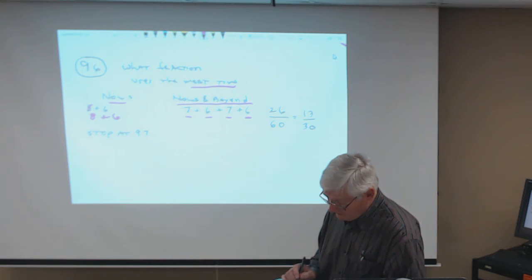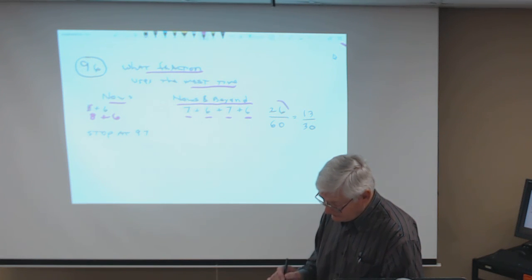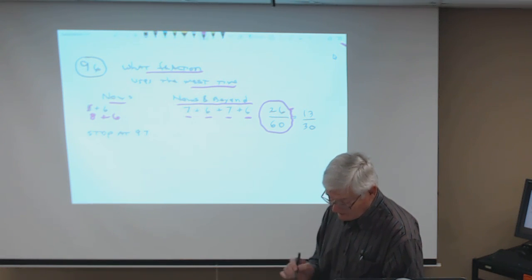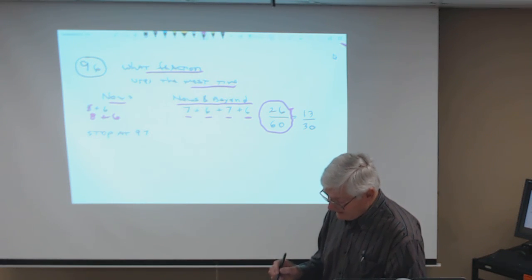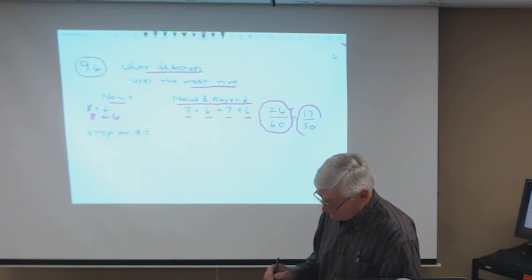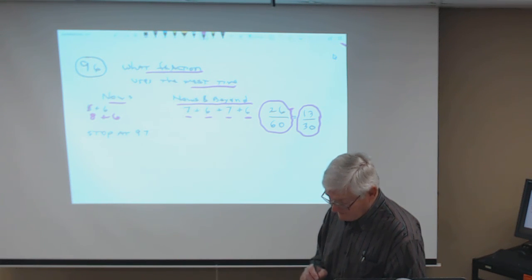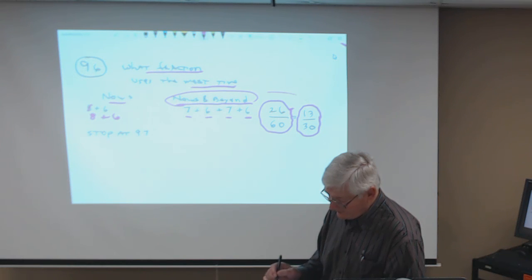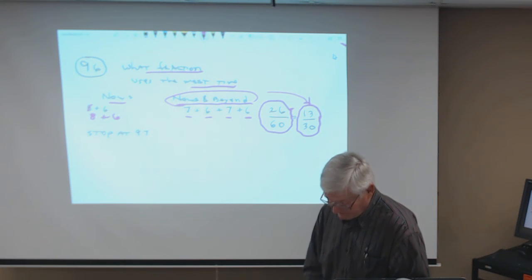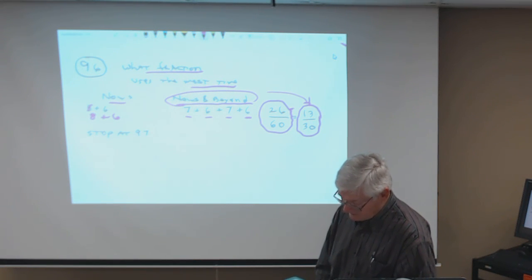So this adds up to 26, and they want to know what fraction, so it's 26 over 60. So that's a lot more than 14. So that reduces down to 13 over 30. So News and Beyond has the most, and it's 13/30. Almost half of the hour is News and Beyond.